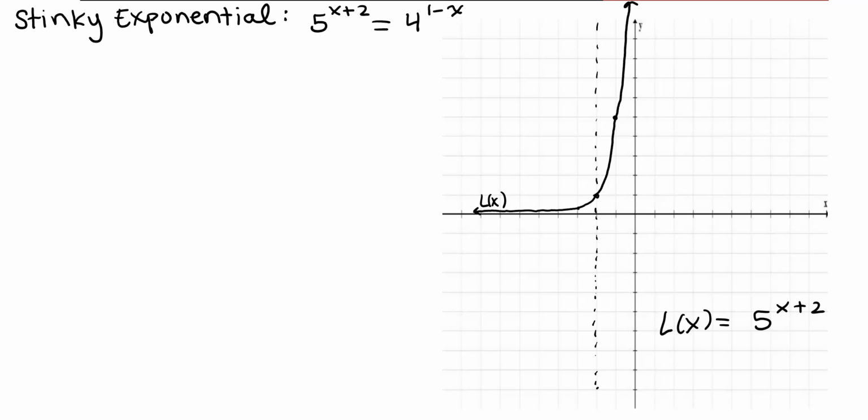Now, the right-hand side. Right-hand side, the equation is going to be 4 is the base raised to the 1 minus x. I'm going to go ahead and factor out the negative because that would be our reflection right there, right? It's going to rotate your graph.